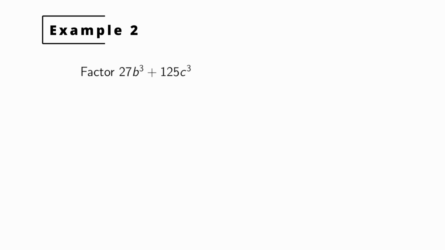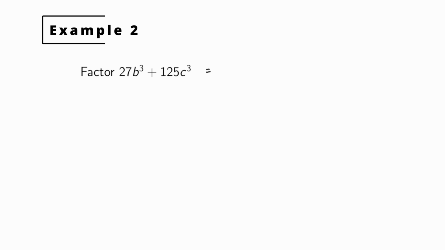Let's look at another example. The first step here, again, are there any common factors between these two terms? And the answer is no. 27 is 3 cubed, and 125 is 5 cubed. So they don't have any factors in common, no b in common, no c in common. So the next step, identify each term as a cube.